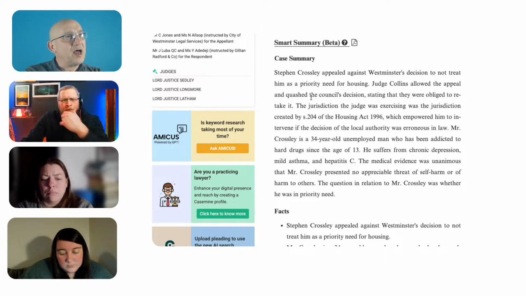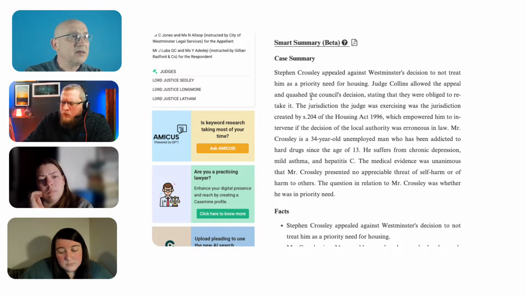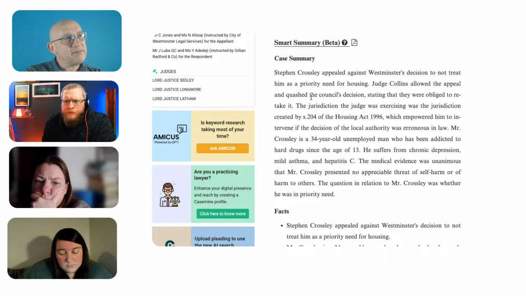So it's not the unavailability of accommodation that's the problem, it's the attitude of the council. They must have ring-fenced that accommodation to say we'll only give it to people in priority need. Whilst I can understand the need to stop people like me challenging them for not doing it, it seems unfair to say to somebody, we couldn't find you anything, so sorry, you can sleep on the street.